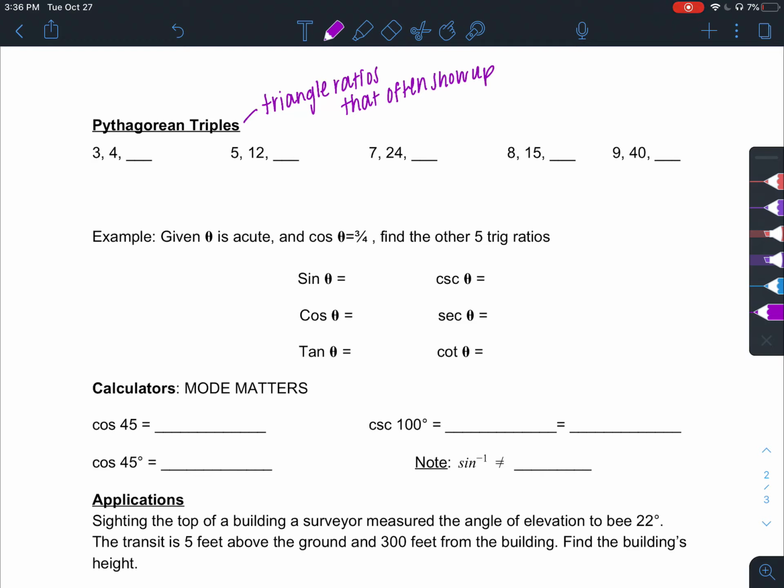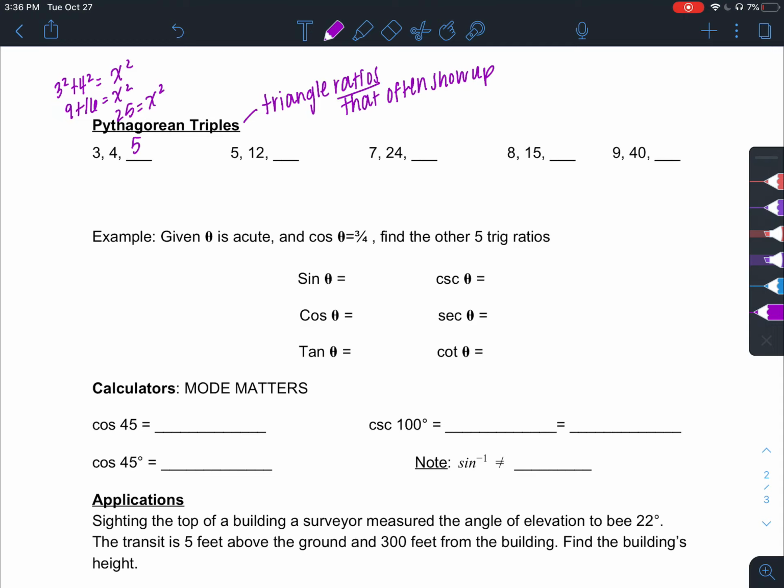Okay, so for this one, I have 3 squared plus 4 squared equals something squared. We'll just call it x. So I have 9 plus 16 equals x squared. 25 equals x squared. So then x is equal to 5. So 3, 4, 5 is our first one. And what that means is it's a ratio.